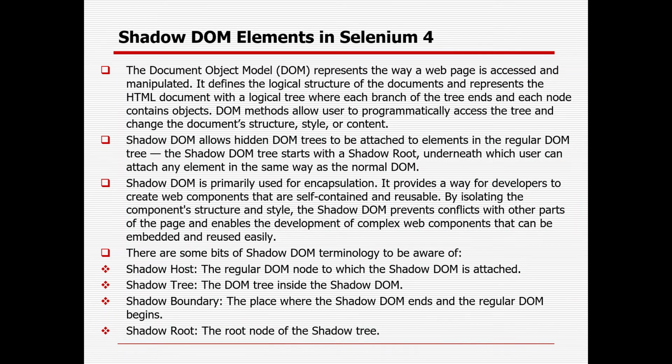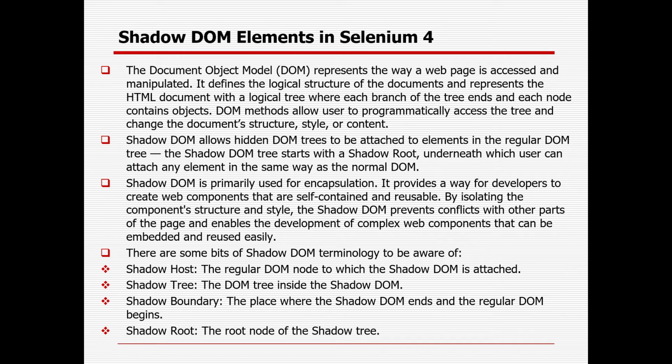Shadow DOM allows hidden DOM trees to be attached to elements in the regular DOM tree. The shadow DOM tree starts with the shadow root, underneath which the user can attach any element in the same way as the normal DOM. Shadow DOM is primarily used for encapsulation.